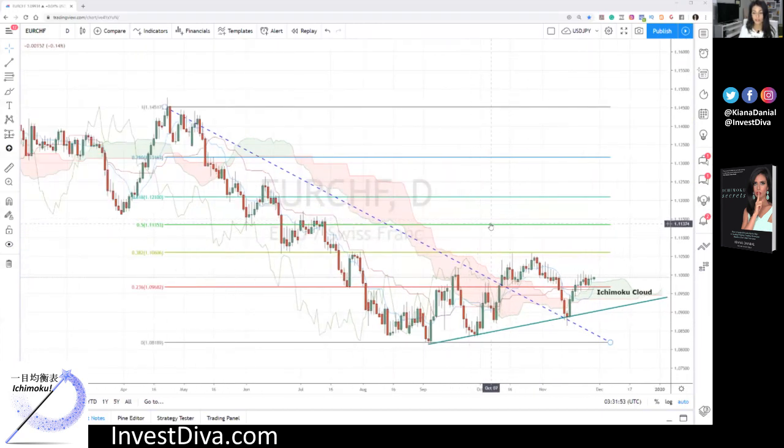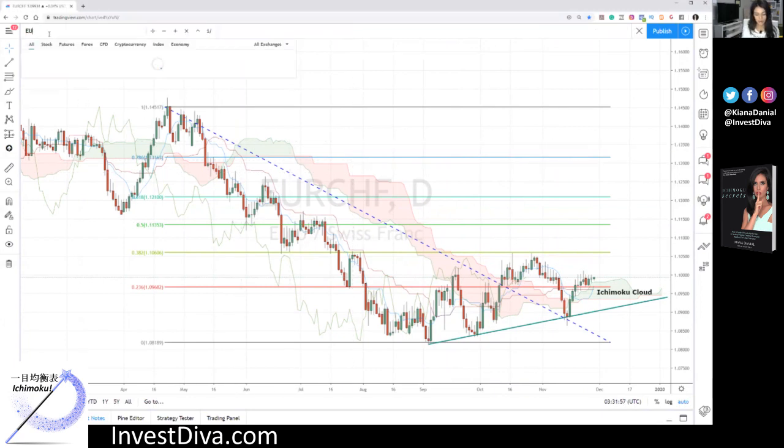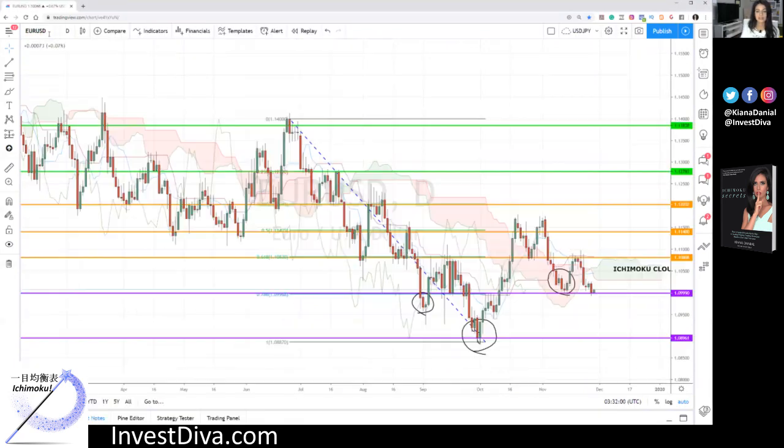Now, one other thing that I do want to point out here is that yesterday I looked at the euro dollar pair and we said that we may have a bearish signal over here if the pair breaks below 1.099. Now, it did not do that, and we have another bullish thing going on here for euro dollar as well.